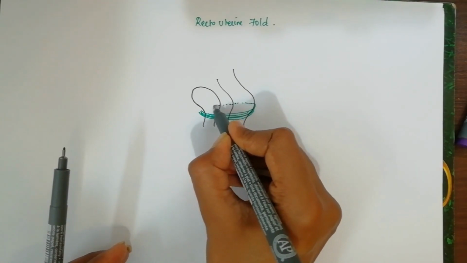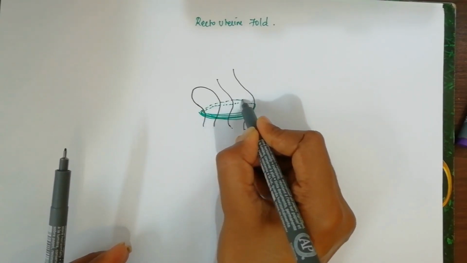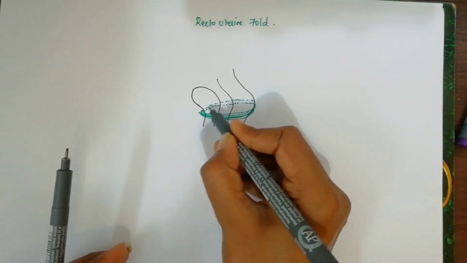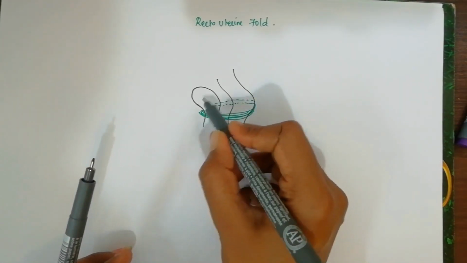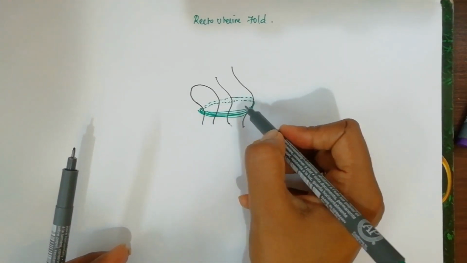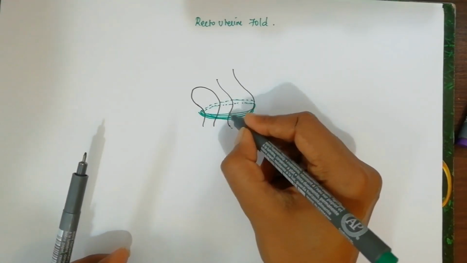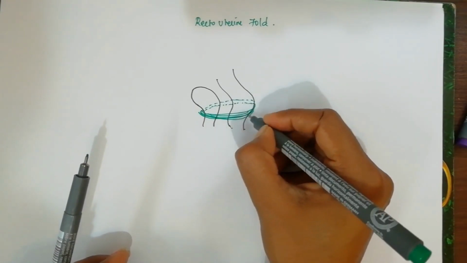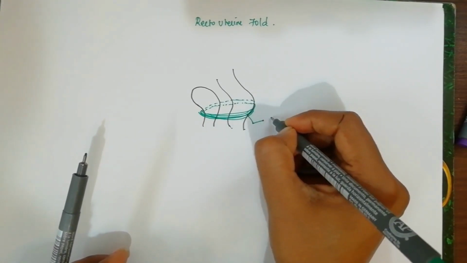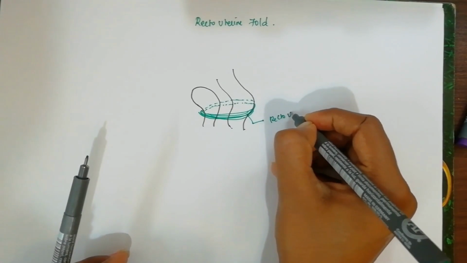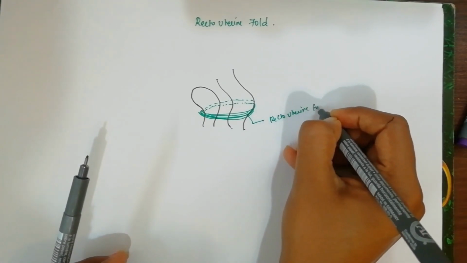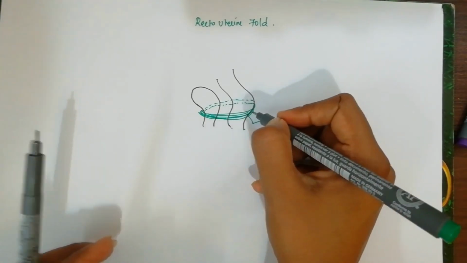It is going to cover from either side, from anterior and posterior aspect, both the rectum and uterus cervical region, and this is seen on either side, right and left. So we are calling that the recto-uterine fold, the fold extending from cervix to the rectum.